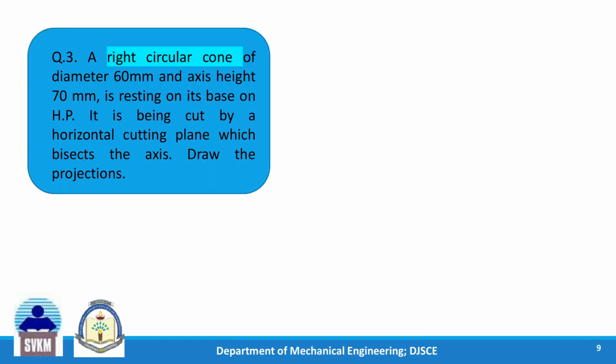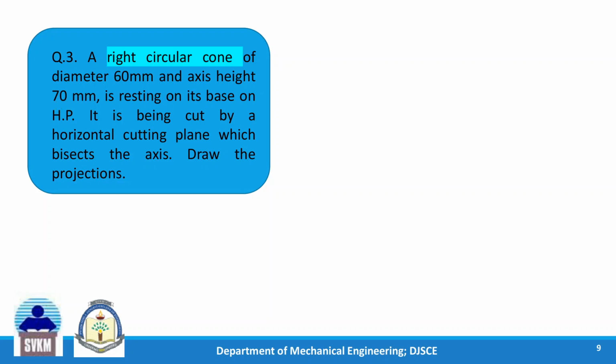Now let us take this example. A right circular cone of diameter 60 mm and axis height 70 mm is resting on its base on HP. Now the solid is a right circular cone, the diameter of the base is 60 mm, and the axis height 70 mm is given.